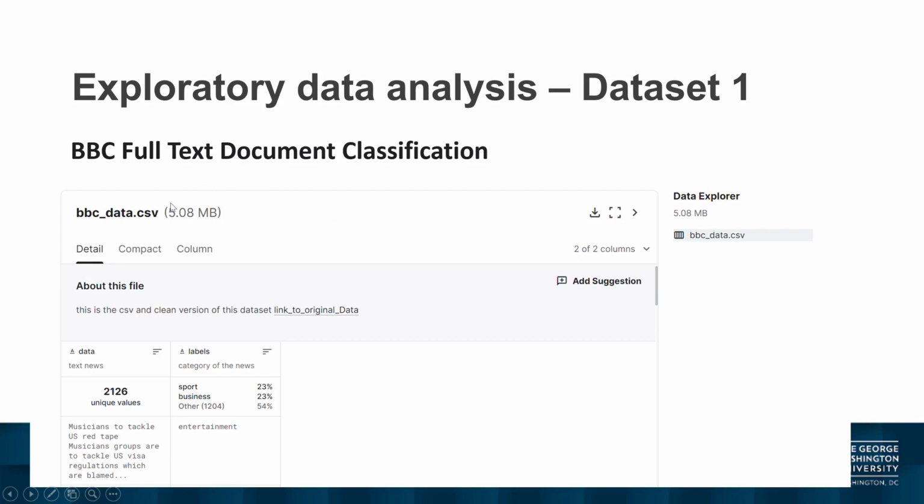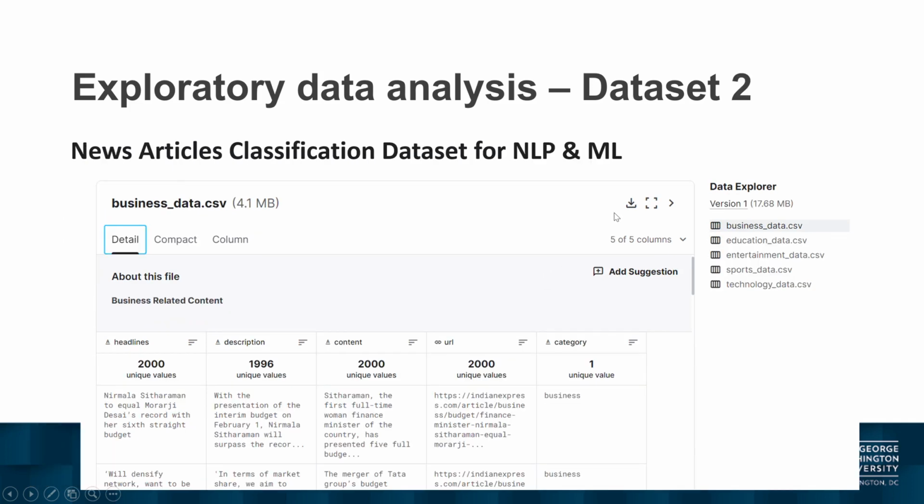The first one has 2,126 rows and two columns. One is data, which contains the text, and another is labels. And it has up to 5 labels. And the other one has five CSV files, and each file contains one topic like business, education, entertainment, and so on.